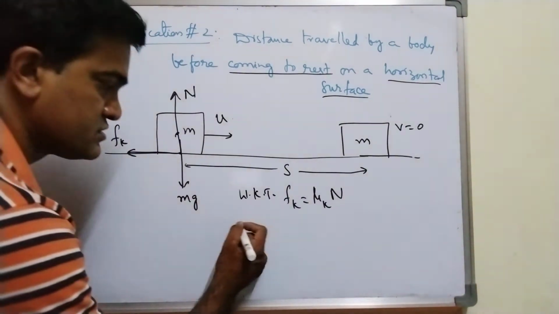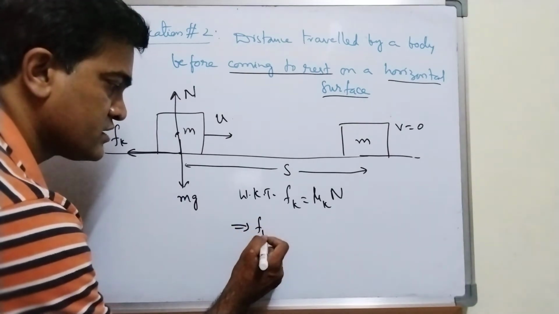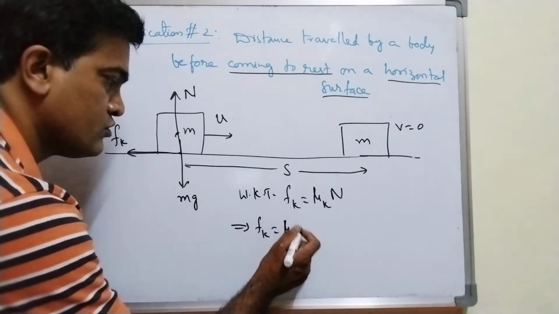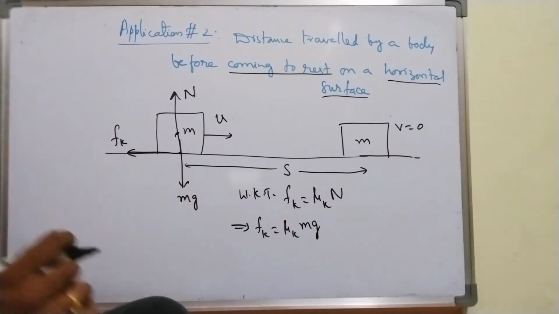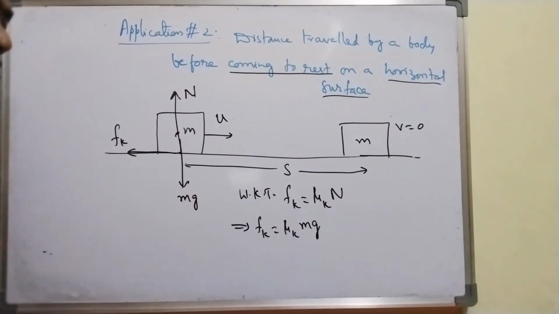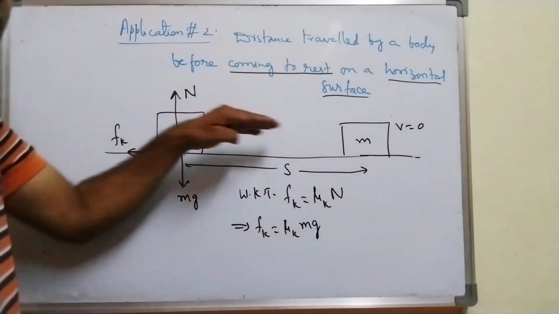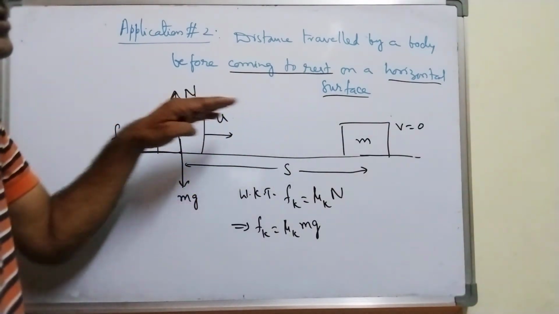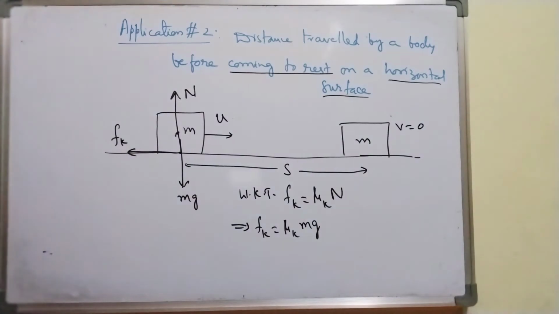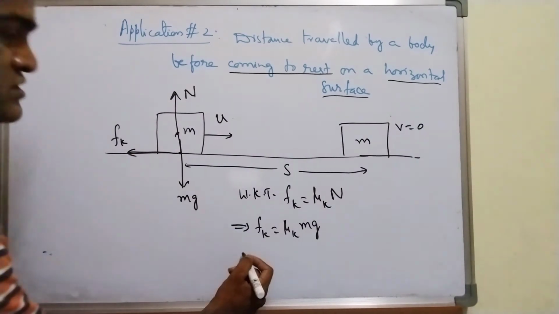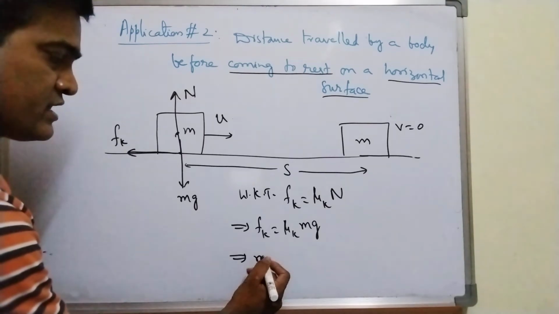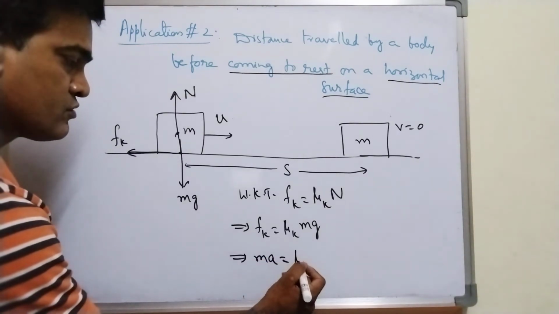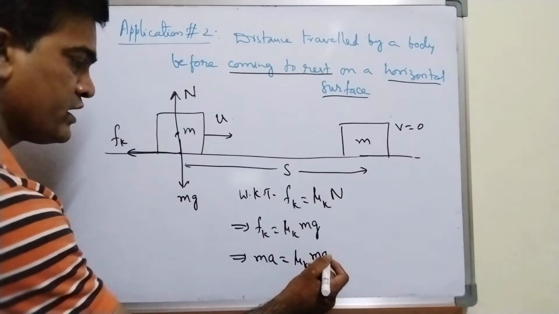So Fk is equal to mu k into mg. The block is moving towards the right, so due to this frictional force it has an acceleration a. I can write ma is equal to mu k into mg.